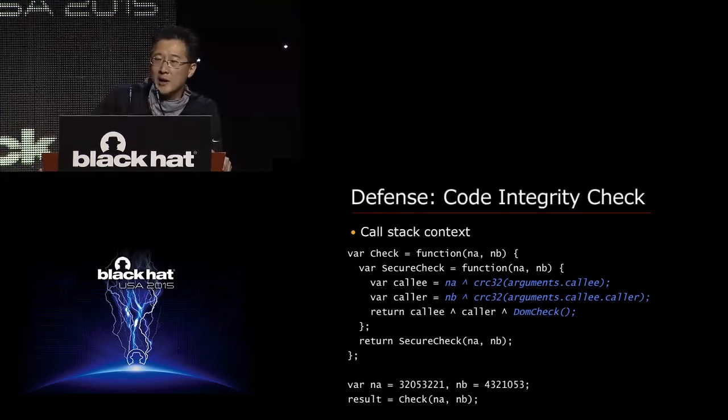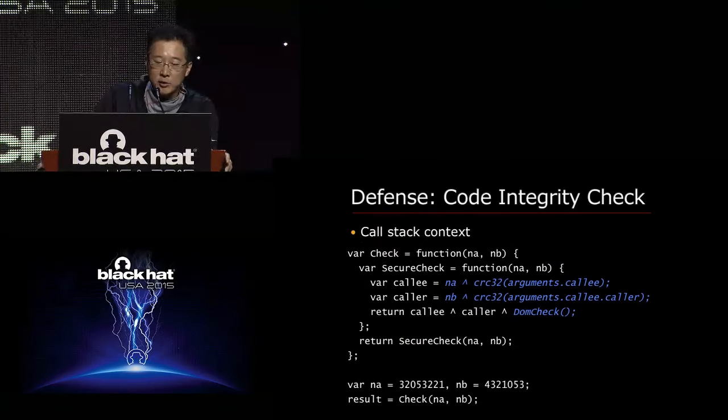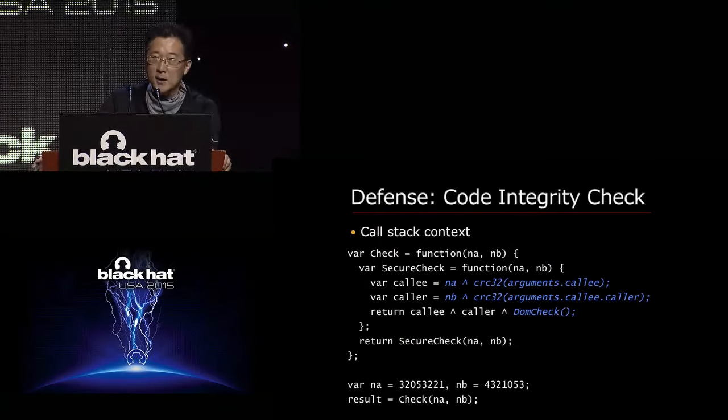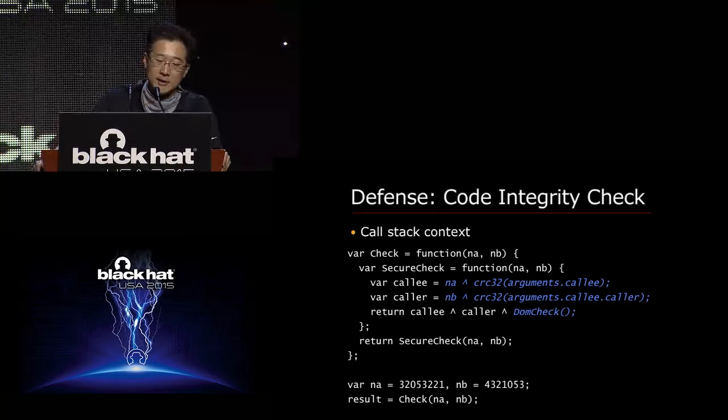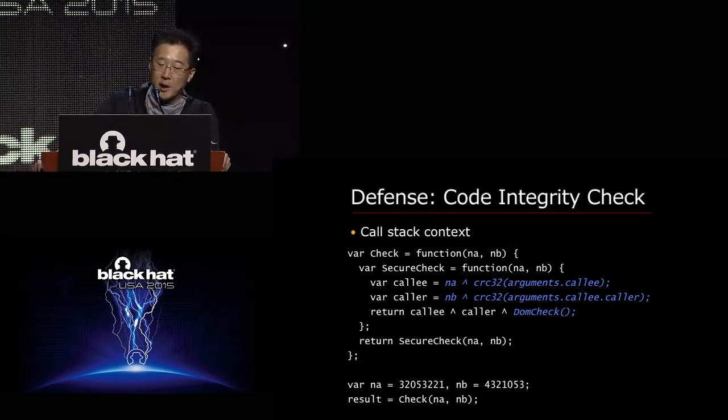So, what is it that we actually want to protect here? What we want to do here is to guarantee the code integrity. We want to make sure that our execution of the evasion code is not compromised.